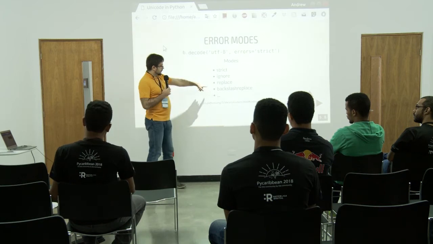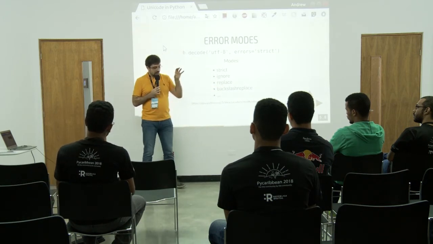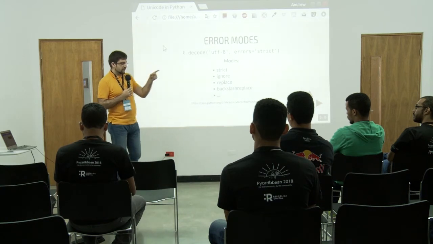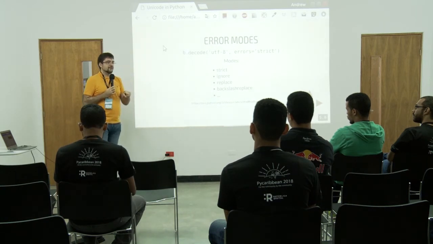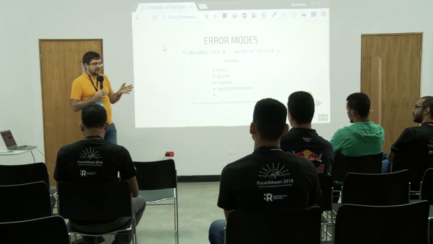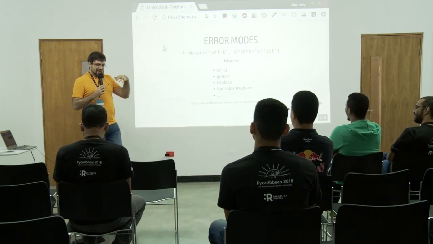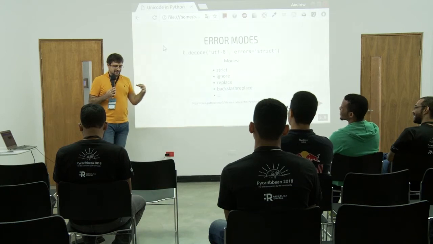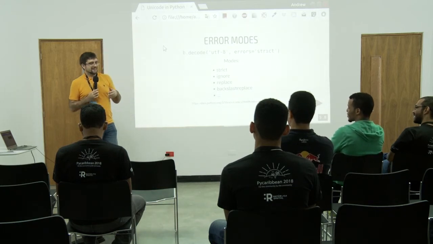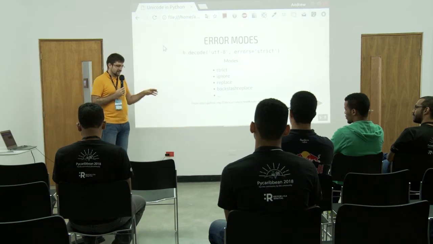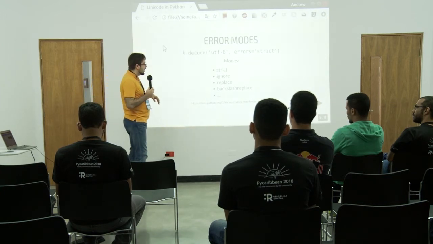Replace option replaces non-decodable bytes with a question mark. It's just a sign that something was wrong, but the text is at least present, at least something you can read, but maybe partial information is missed.